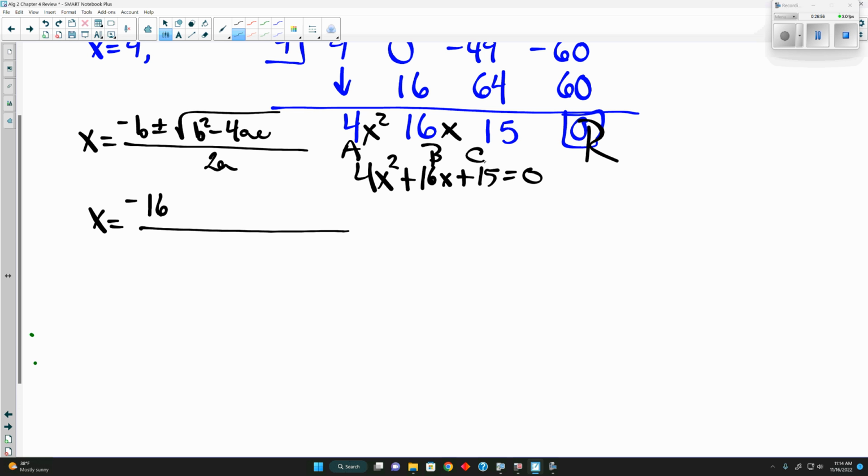And again, the values for a, b, and c will not have a variable. None of them will. Because x squared and x are their own terms, a part of the equation. So negative b, so negative 16 plus or minus the square root of 16 squared minus 4 times a in this case is 4 and c is 15. All over 2a. Well, what did we say a was? A is 4, yes? What's 2 times 4?